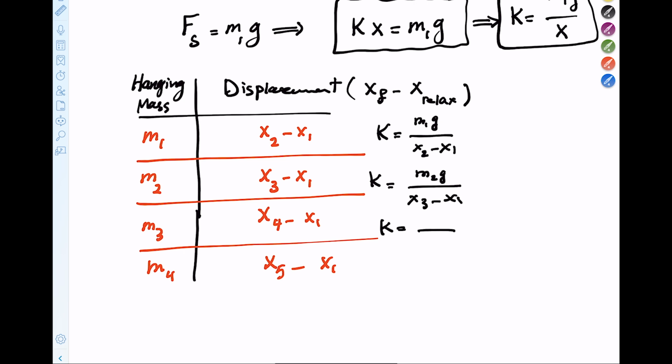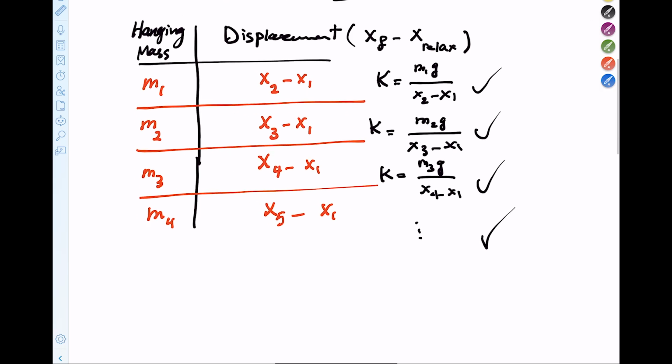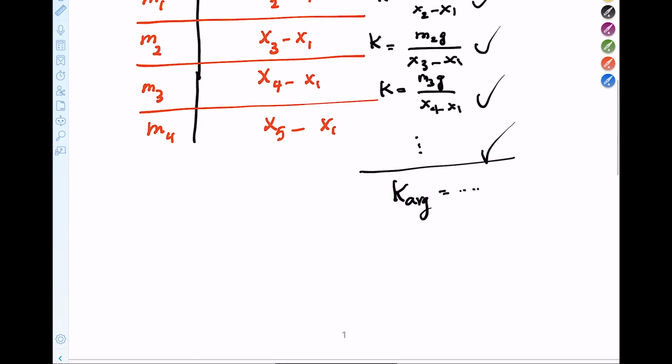K would be different for this one, M3G divided by X4 minus X1, and so on and so forth. So you have multiple calculations for K, the spring constant, and then you can make an average. What you're going to use is the K average, whatever it is. So that's part one.